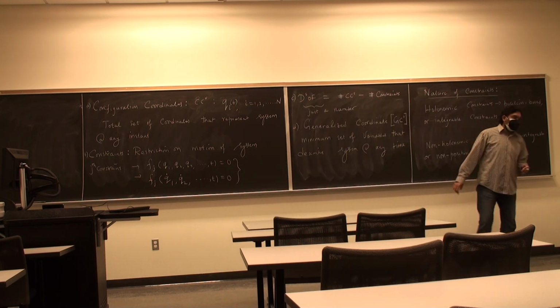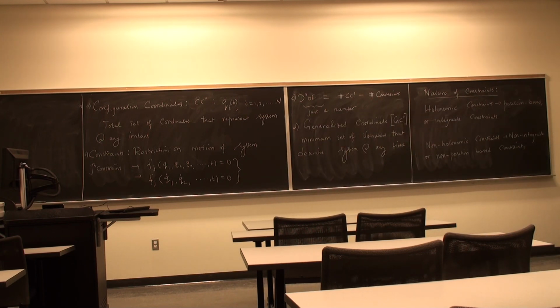Which just looks like a bunch of words on the board. So what is the math that will help us find out which of them is holonomic and which is non-holonomic?